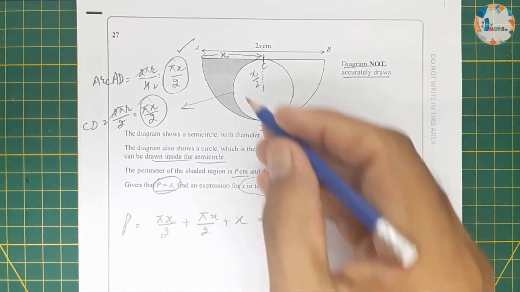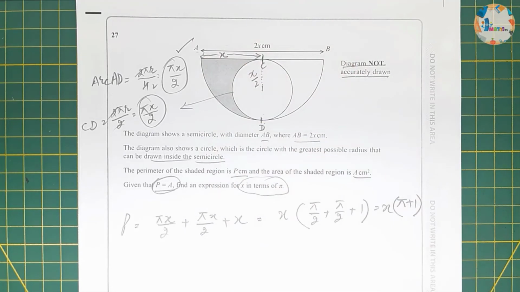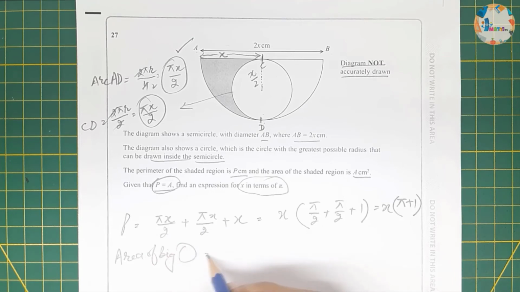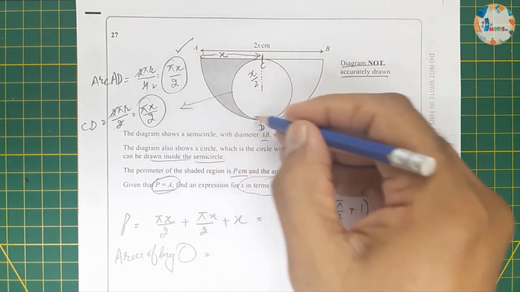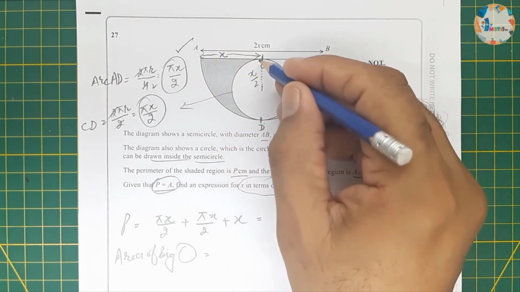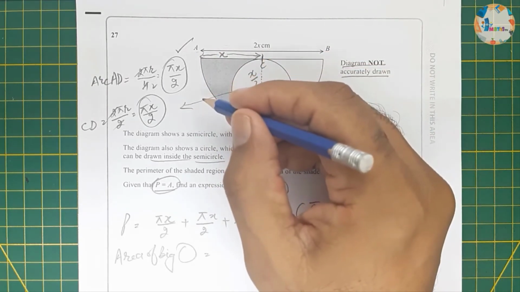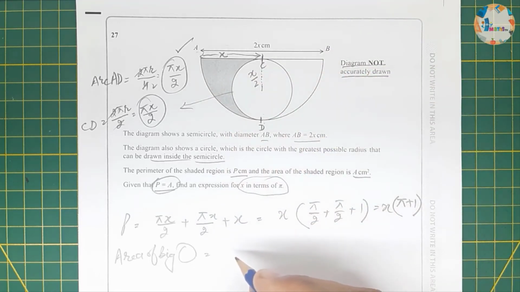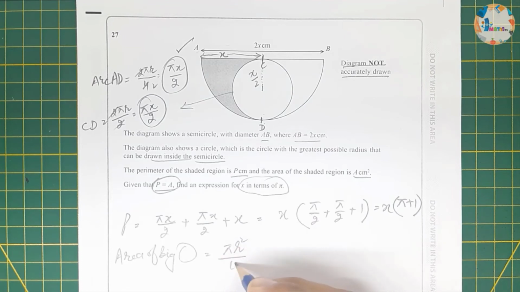Now we can find the area. For area of the shaded region, area of bigger circle will be equal to what? So this will be basically a semicircle, right? So we can find the quarter circle, and pi r squared will be the complete circle, divided by 4. This will be quarter circle basically.